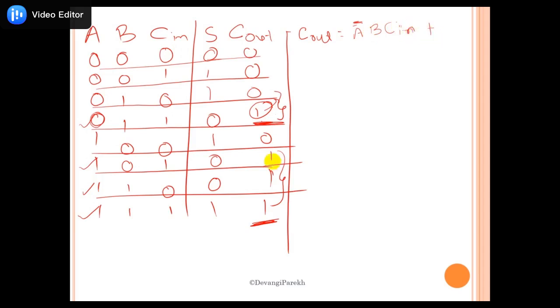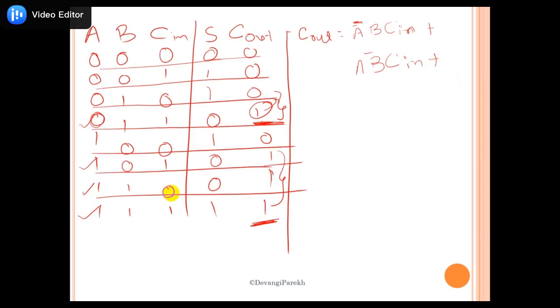Plus for the second condition, here A is 1, B is 0 and C is also 1. So we have to write A, B bar, C in. Plus our third condition is here: A is 1, B is also 1 and C in is 0.